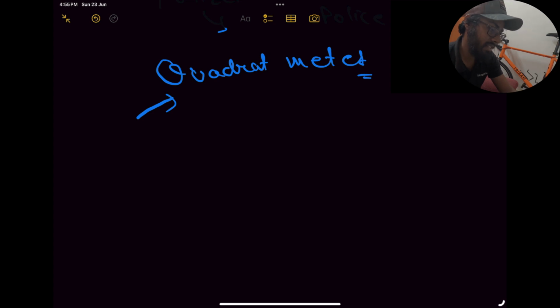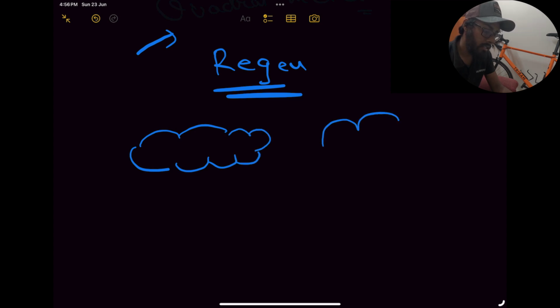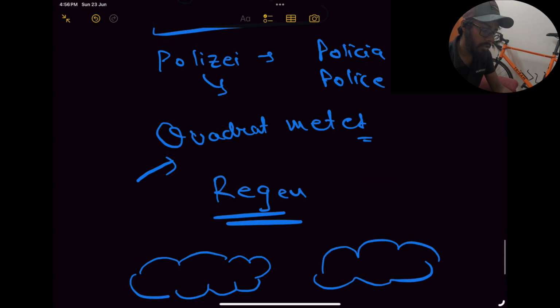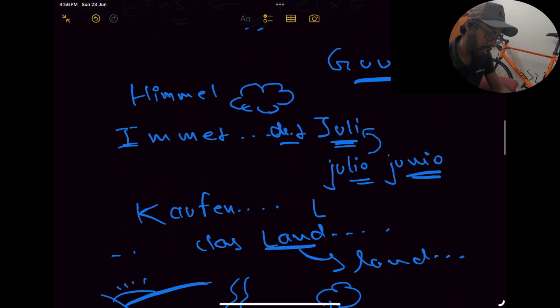It's not too difficult. And next you have R, Regen. So Regen is this. Some minutes back I told you some word, right? From H. I guess here it is.